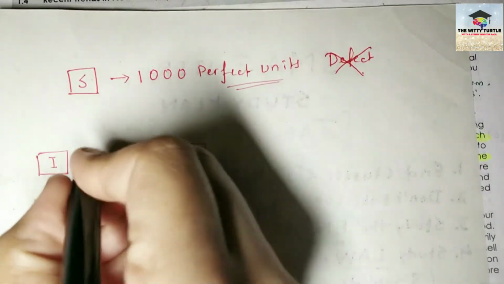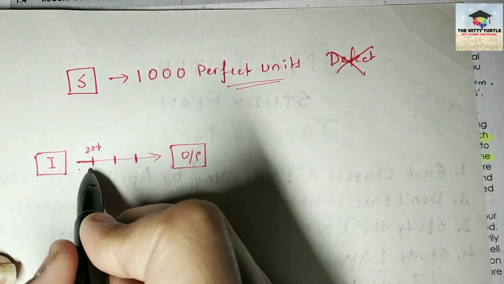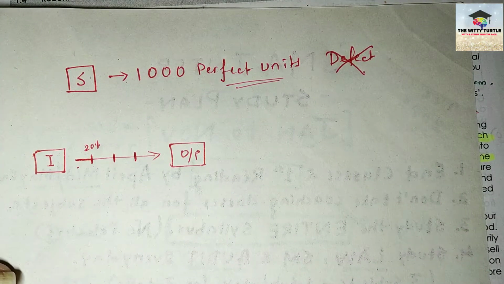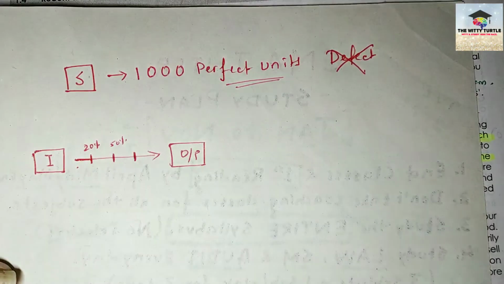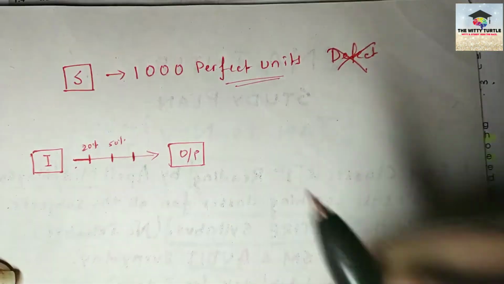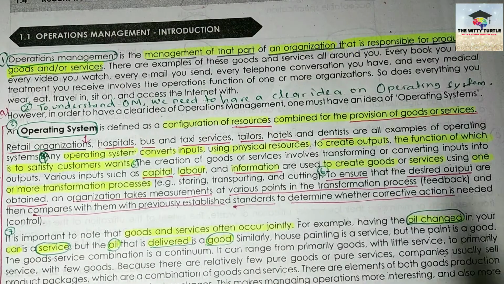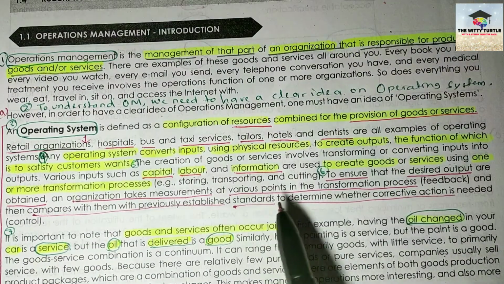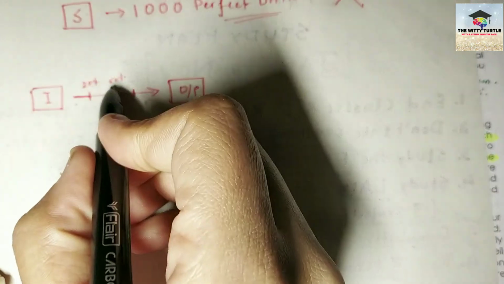Like if the work here should be 20%, you need to check whether the 20% of the work has been done or not. If here it should be 50%, you need to check whether 50% of the work has been done here or not. Right? So this is what the sentence is saying, that at various points in the transformation process, you need to take feedback. You need to take feedback.